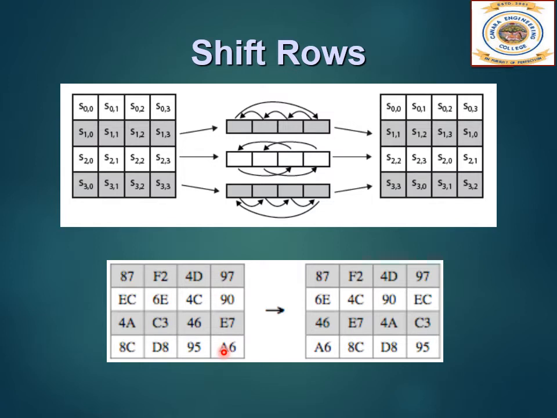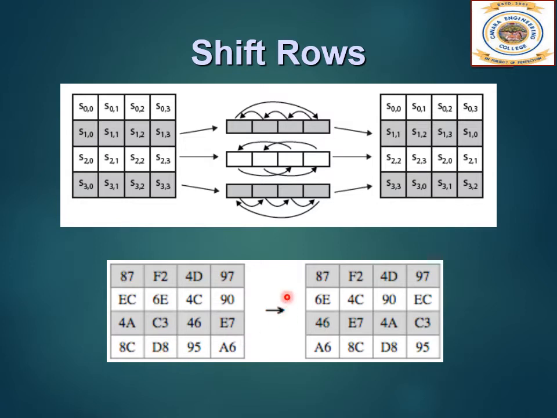A6 is shifted to the place of 8C. It is a left circular shift. 95 is shifted to A6's place, D8 is shifted to 95, and 8C is shifted to D8's place.